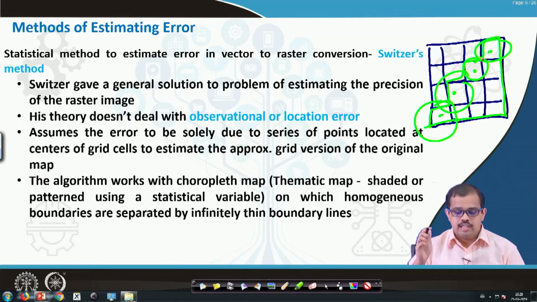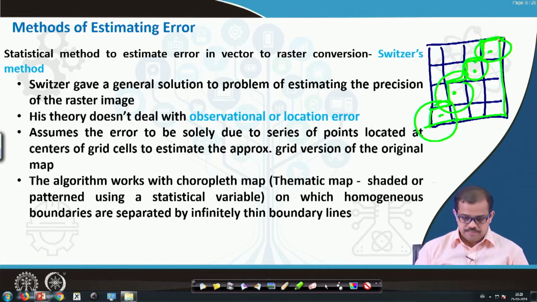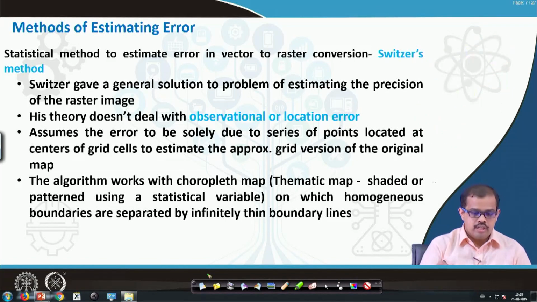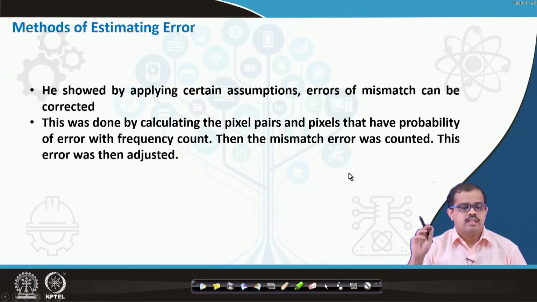This is how Switzer's method works. It is more an approximation method, looking at the central weight of a pixel in order to estimate what error may have crept in. There are several different methods being used, but Switzer's is a very well known method.